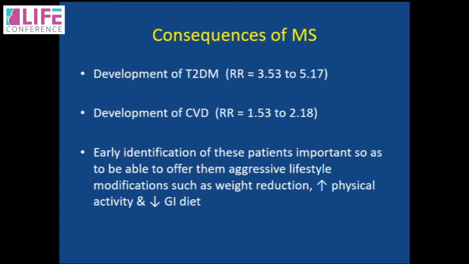One of the things I always discuss is that whenever patients come to see you for an annual visit, even if there are no active issues, take an active interest in the general lifestyle, because, like I said, identifying these people with metabolic syndrome early can go a long way in preventing a lot of complications for them down the track.